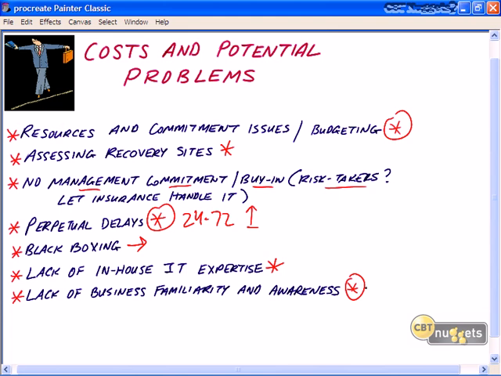Well, if you have to duplicate or replicate your business in another site, either an off-site location or a mobile situation, and you aren't really familiar with the business or have an awareness of how the business works, you're going to have a lot of problems duplicating and replicating that business environment in another site. So these are key aspects, potential costs, and potential problems of IT service continuity management.